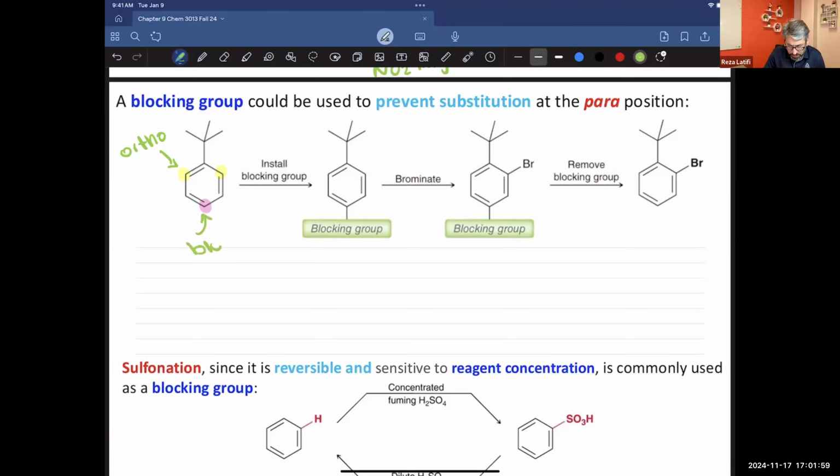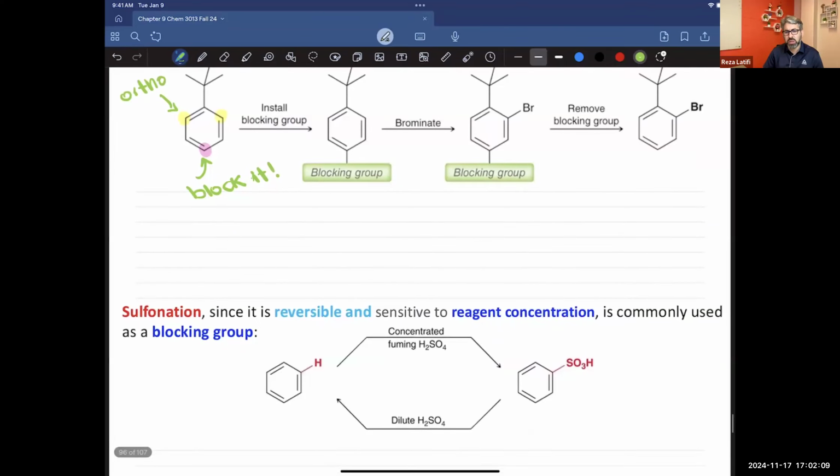So we have to block the para position. And the best method to block the para position is to use sulfuric acid. If you use a high concentration of sulfuric acid, it will put an SO3H substituent in the para position to the alkyl group, and it will replace the hydrogen with this substituent. Okay, so now I have this group here in a para position.